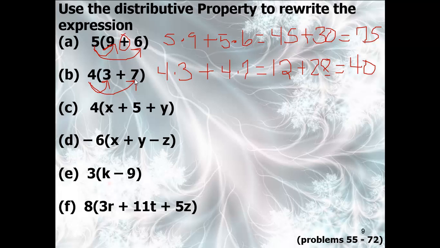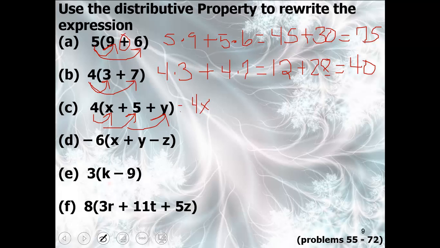Now we have variables in here, and we can only use the distributive property because we don't have values for x and y. So we're just going to keep with the same thing. We're going to multiply 4 times each and every one of these terms on the inside. What's 4 times x? 4x.